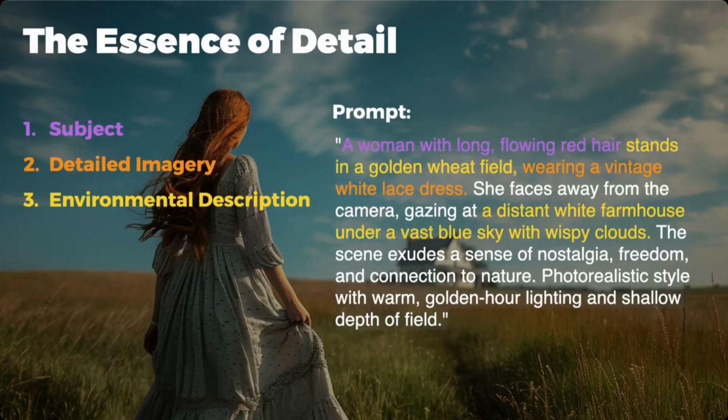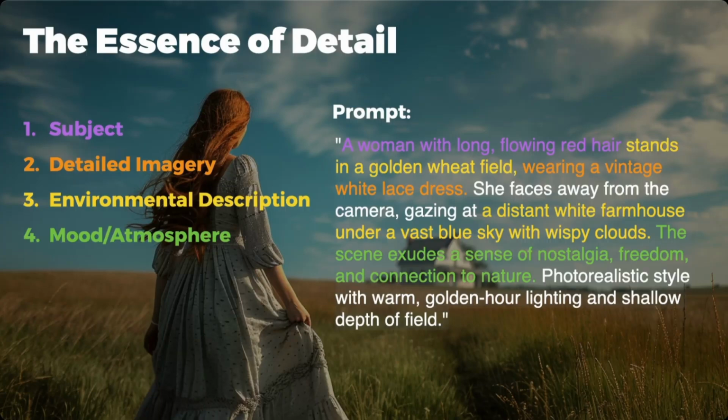The fourth thing that you need to make sure is in your prompt is the mood or the atmosphere. Here you'll see that the scene exudes a sense of nostalgia, freedom, and connection in nature. What is the mood that you want this image to sit in? What's the atmosphere?